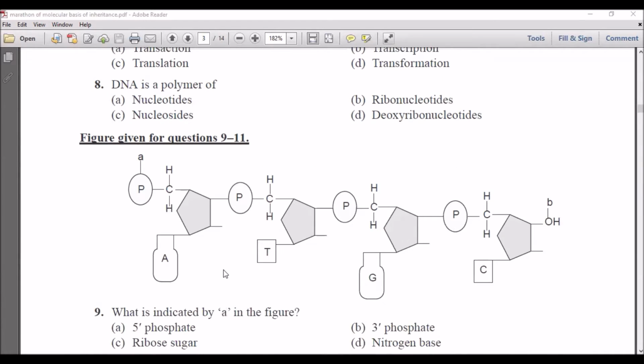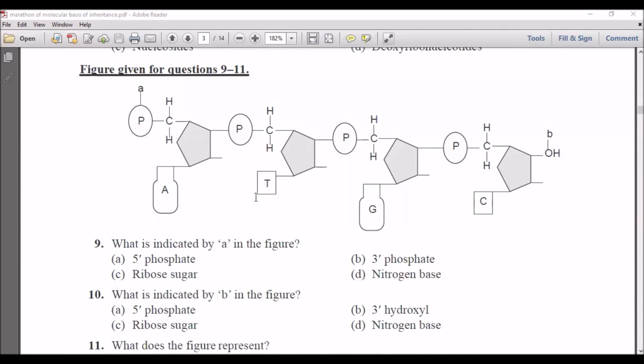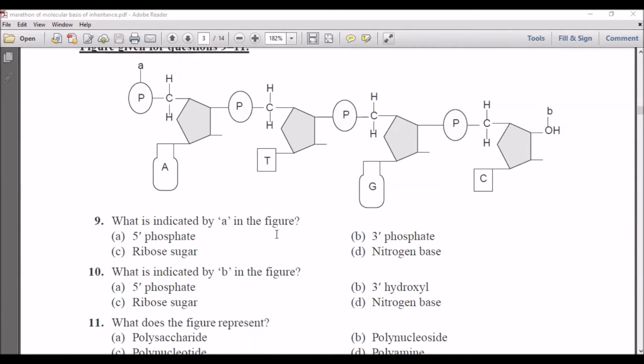Now this is the figure which is given here, and we have to answer some questions related to this figure. The first question is, what is indicated by A in the figure? The first option is 5-phosphate, B is 3-phosphate, C is ribose sugar, and D is nitrogenous base.